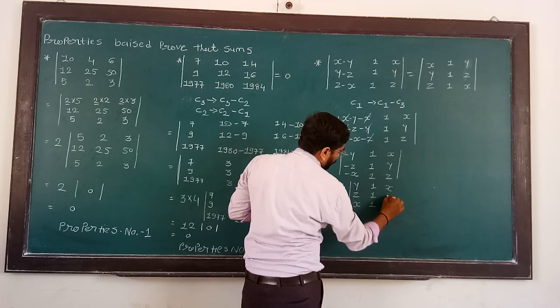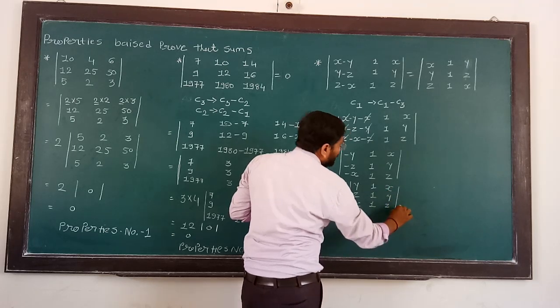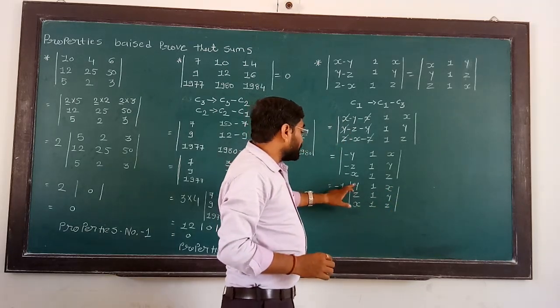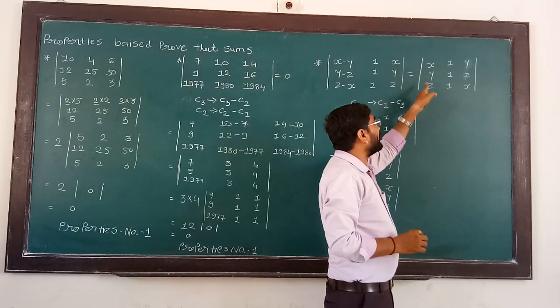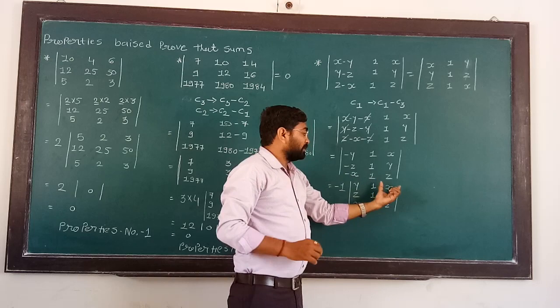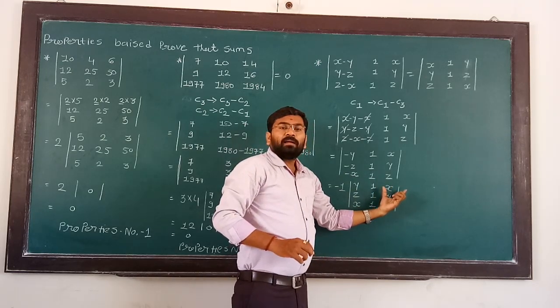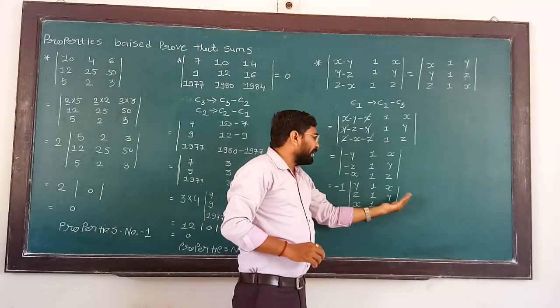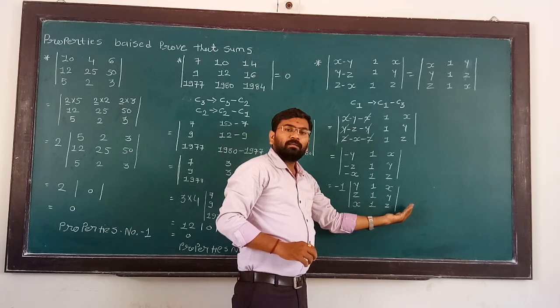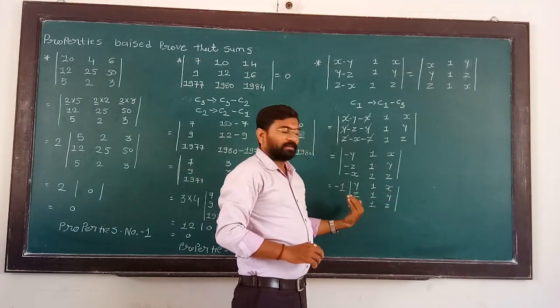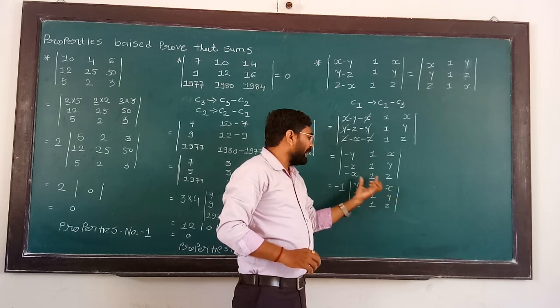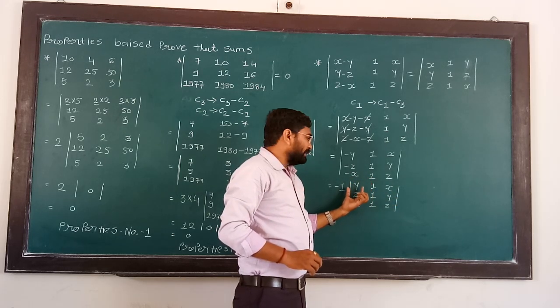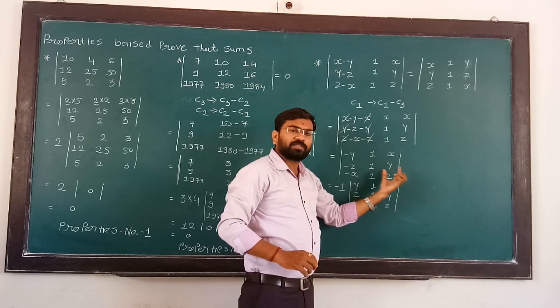See the students, here the first column is y, z and x, but we want x, y and z. This column is present but at last. So we can interchange column C3 in place of C1 and C1 in place of C3.